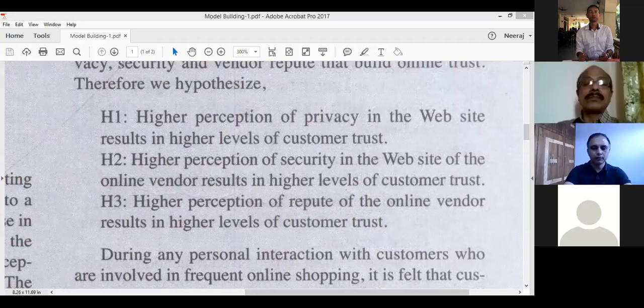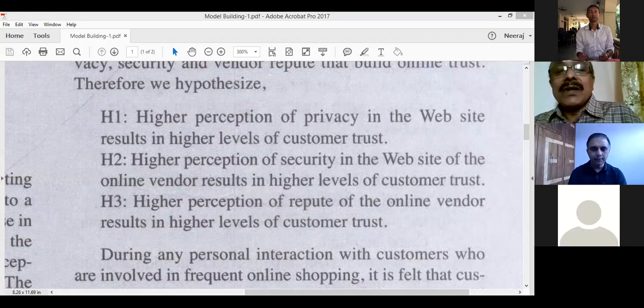May I disturb you, sir? Yes, yes, Mr. Reddy. Welcome, sir. Perception means, of course, my understanding is my perception about one thing is different from another person's perception. So I feel it is a variable. That's what I understood. But you are telling it is with context, the website context. You are telling perception is not a variable. But in general, perception is a variable. Am I right or not? You are absolutely correct, sir.